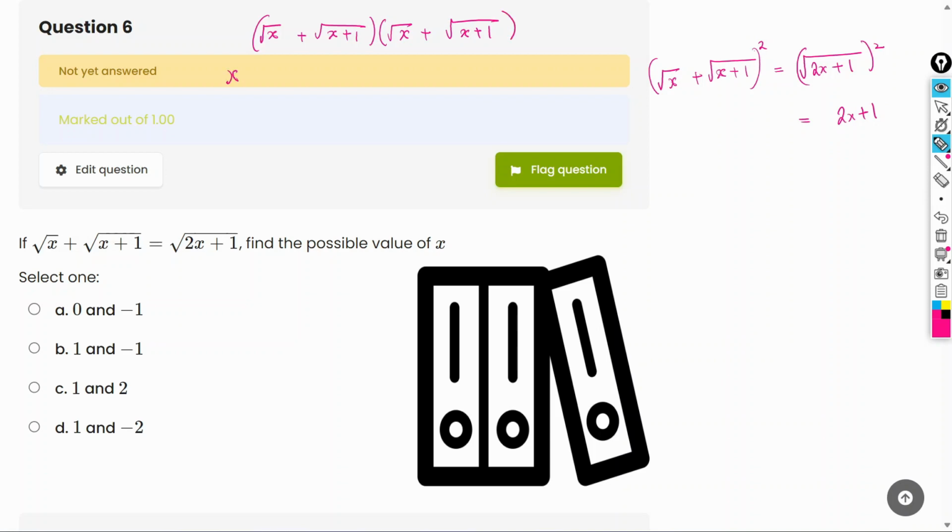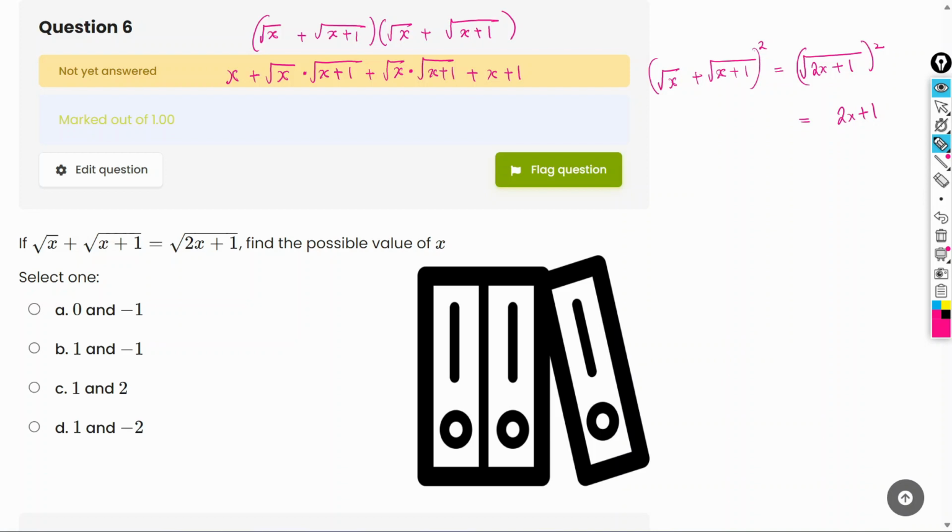Then root x times square root of x plus 1 gives me plus square root of x times square root of x plus 1. Then root x plus 1 times root x would give me plus root x times square root of x plus 1. And finally, root x plus 1 times root x plus 1 will just give me x plus 1.